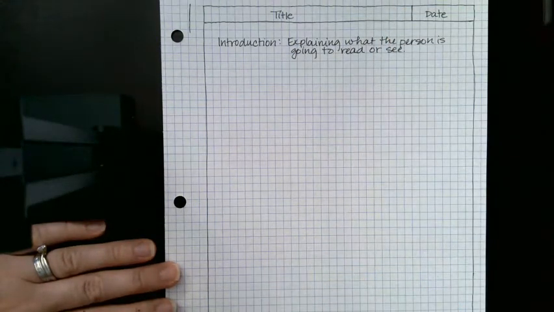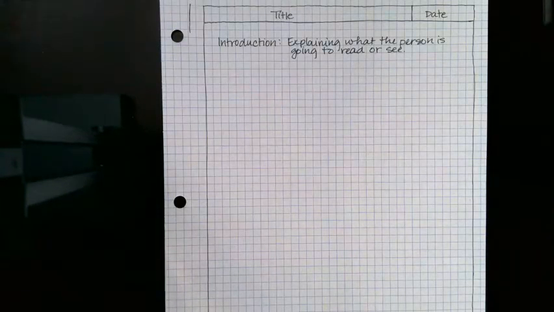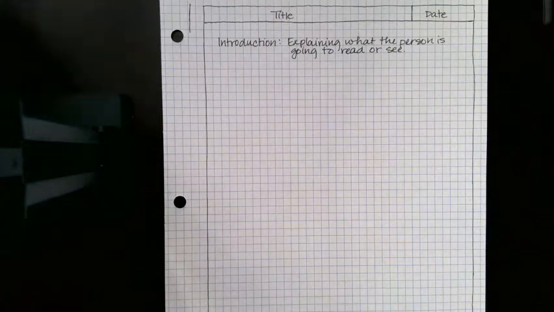Now you notice I'm printing, I'm taking a little bit of time. And I'm saying that this is going to explain what the person is going to read or see.